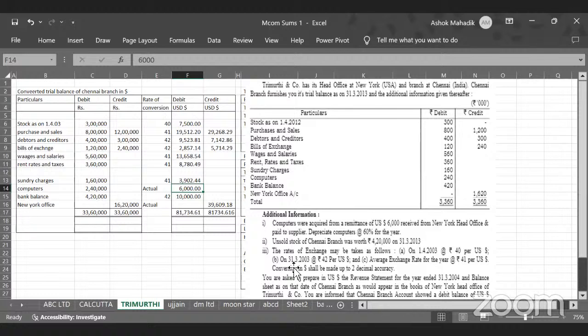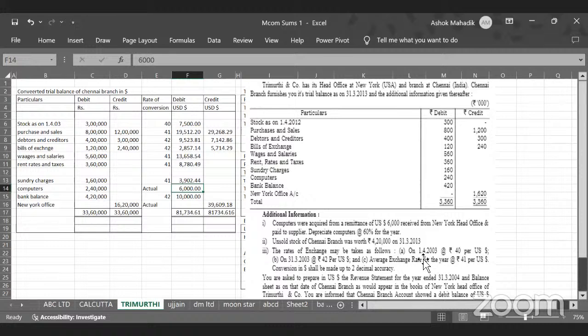Unsold stock at Chennai, this is closing stock. Value is given in rupees, so you have to convert by using the closing rate. Now in the third adjustment, they have given different rates. On 1st April 2003, I think there's some printing mistake. It must have been some other year, because at the top it is shown 2013.